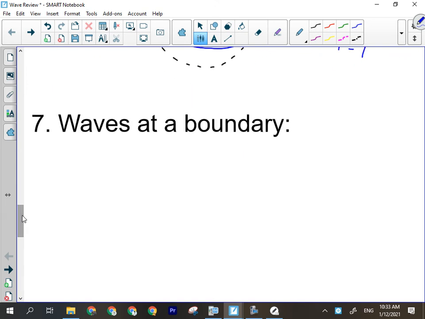Okay, waves at a boundary. This is going to be probably picture type questions in the multiple choice. So if I've got, this is my before picture. I've got that going that way.